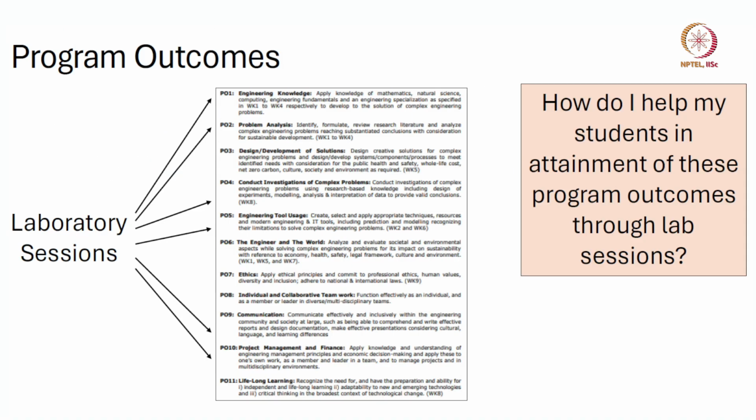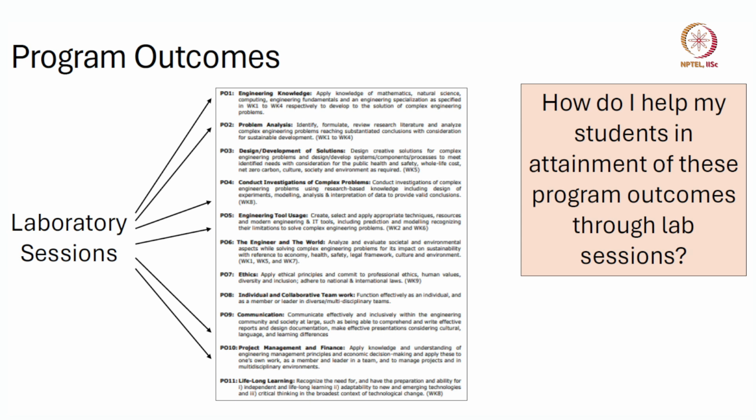Now, looking into the program outcomes that can be attained through these lab sessions: PO1, which is on engineering knowledge, PO2 on problem analysis, PO3 on conducting investigation, PO5, which is on modern tool usage, PO9, which is on individual and teamwork, PO10, which is on communication. So, there are so many important program outcomes that can very well be attained through our lab sessions.